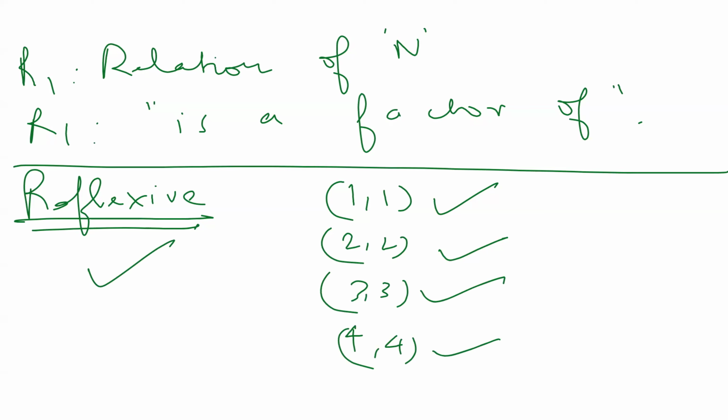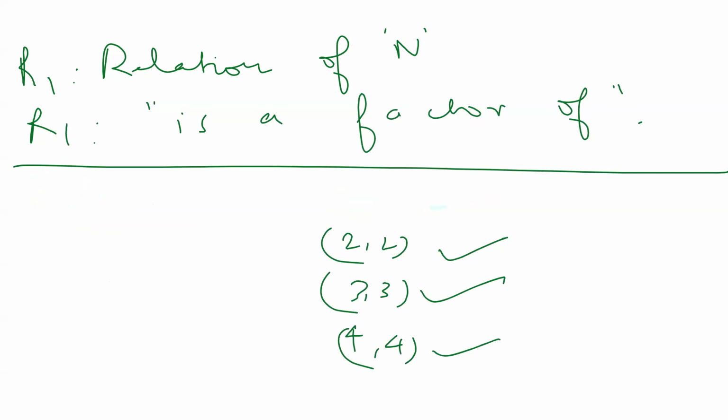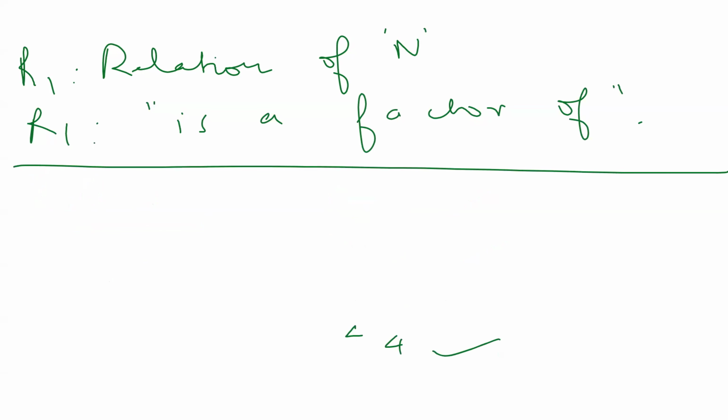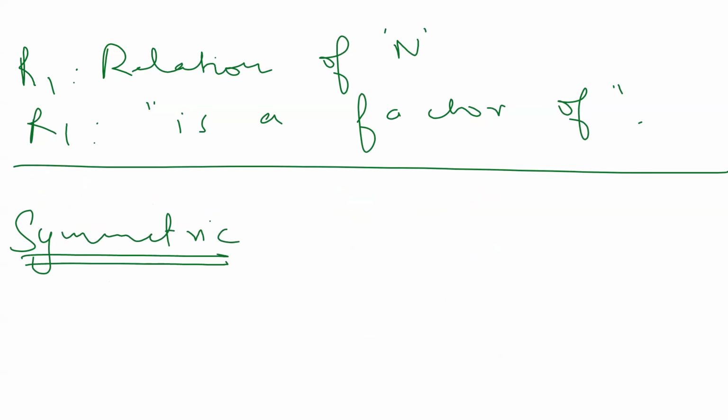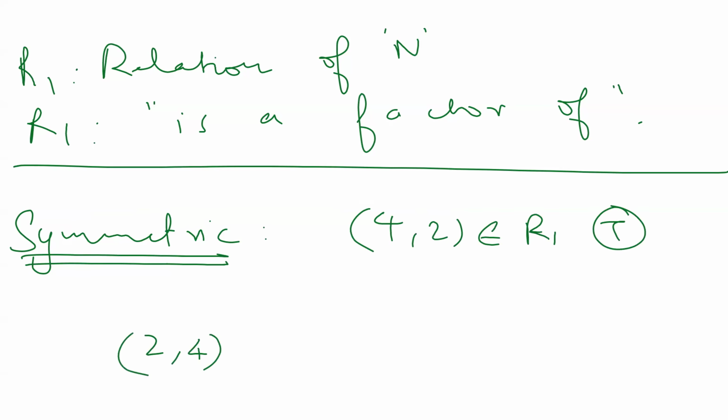Let us go ahead with symmetric. Now 4 is a factor of 2. This belongs to R1 because it's true. Now reverse this, 2 comma 4.